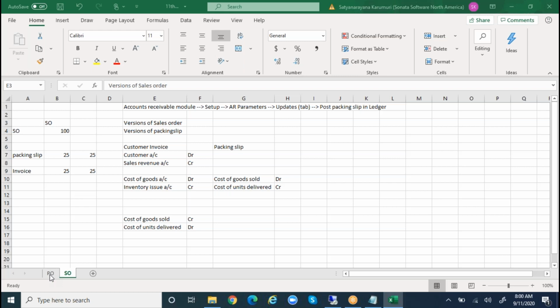This is a one-time job. Of course, whenever a new item group comes, at that time you map it, but it is a one-time job. It is most important. You need to map at the time of implementation. At the time of implementation, only the customer is mapped in the customer posting profile and the vendor in the vendor posting profile. Remaining all are in the item group only. Clear? Any doubt in this?